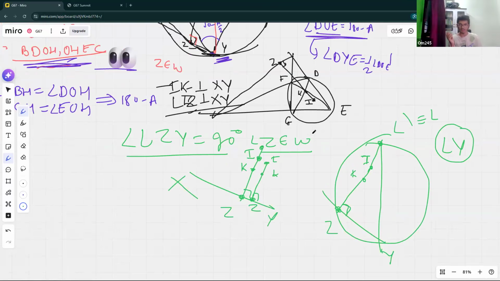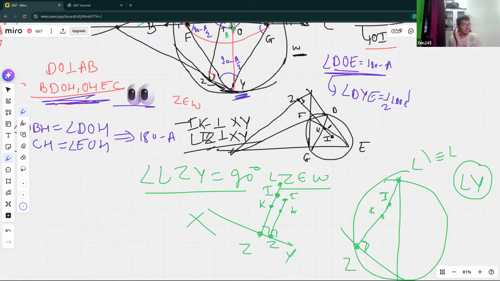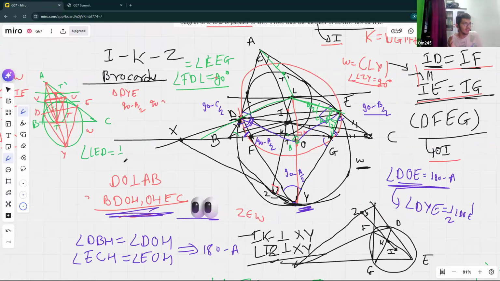Can you show just quickly that angle LED is equal to B by 2? So angle LED is half of angle LOD, right? Because O is the center, and because of the cyclicity, the 90-90 thing, we never use that L, Y, O are collinear.